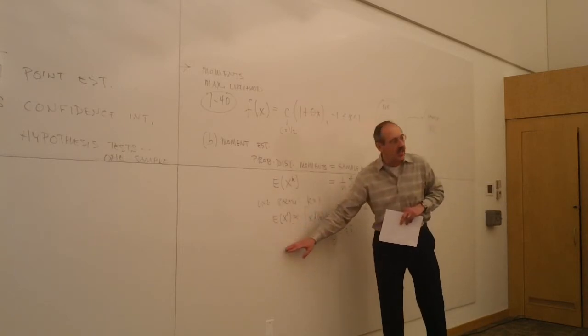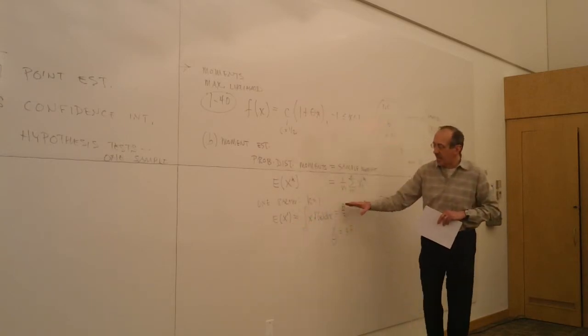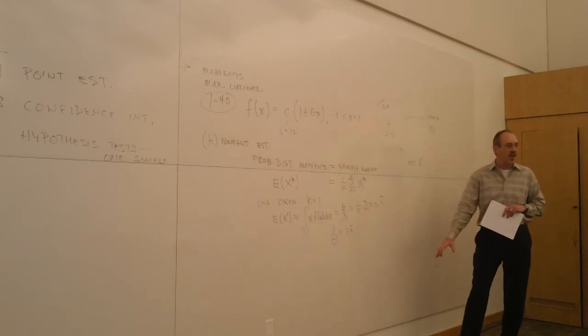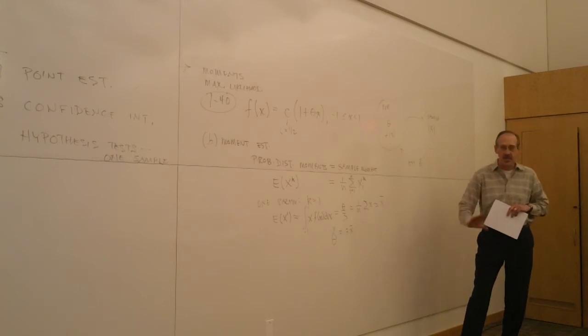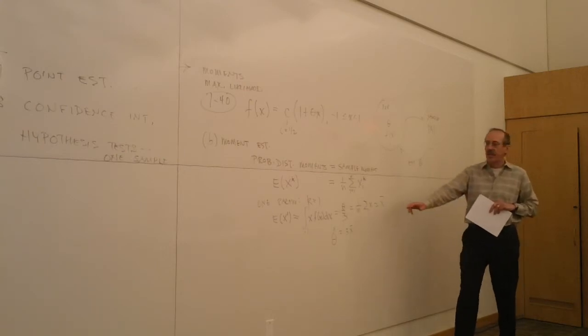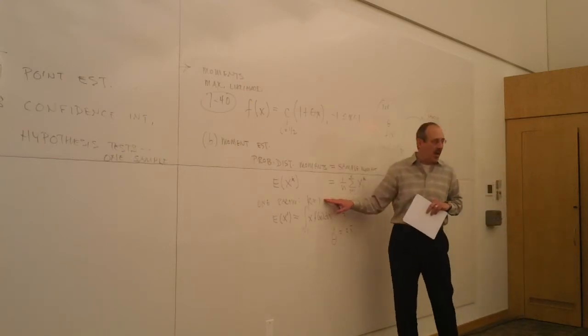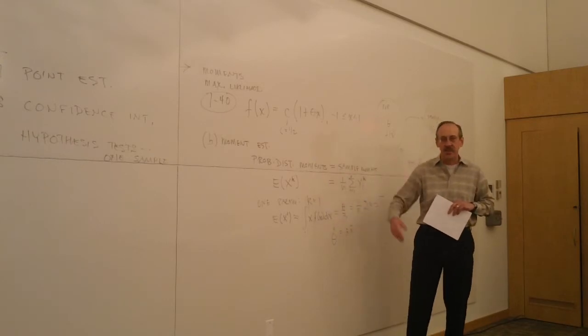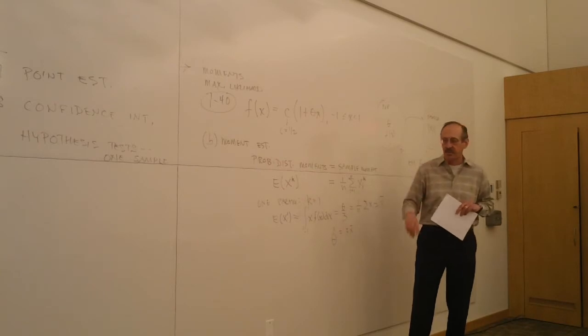End of the day, then, I have two coupled equations, and I need to solve them, just as I would any set of two equations that have two unknowns in them. Okay, so that's just standard algebra at that point. And if we were so unfortunate as to have a distribution that had three parameters, we'd probably have to do k equals 3 and then solve three simultaneous equations, and don't worry, we won't do that.